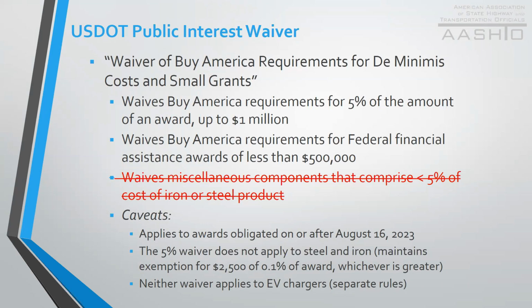Caveats: this applies to awards obligated on or after August 16, 2023. The 5% waiver does not apply to steel and iron. Maintains exemption for $2,500 or 0.1% of the award, whichever is greater. Neither waiver applies to EV chargers. Those are separate rules.